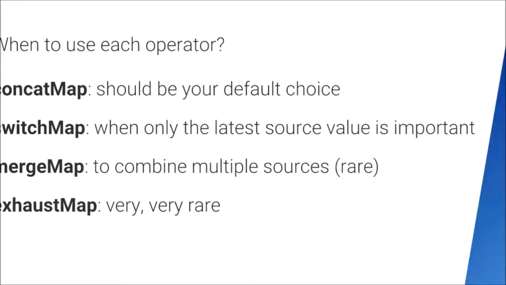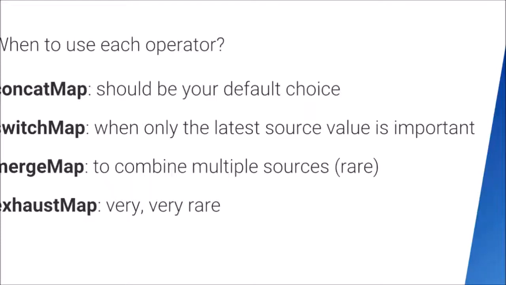Well, it's because most of the time when we work with source observables, they're in a particular order. We're processing events, click events from the DOM, form changes, etc. And we want to preserve that order even as we go through our asynchronous steps. And that's what concat map will do for us. It'll actually preserve that order as it subscribes to each inner observable.